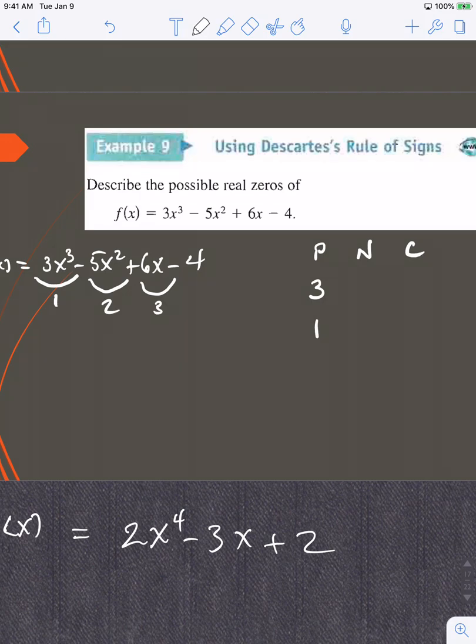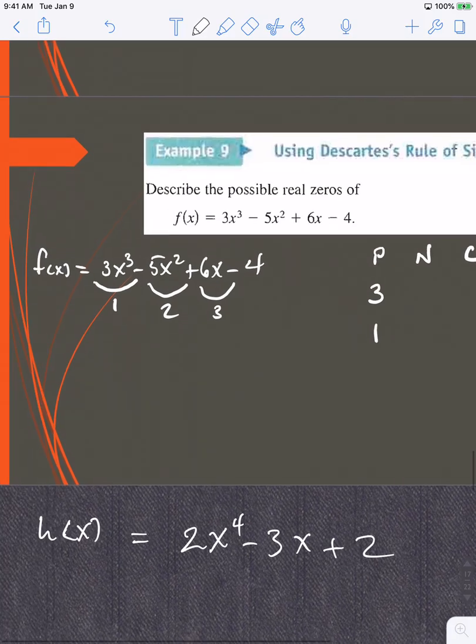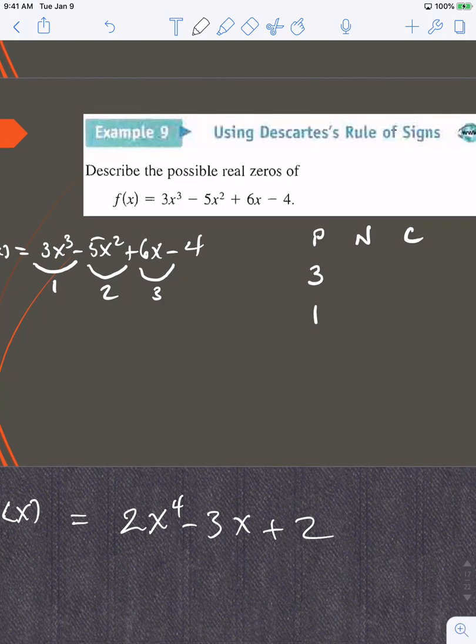If that's the case, and we're a third degree polynomial, then we've pretty much used up all the possibles, and there are not going to be any negatives, and not going to be any complex. Or, in this case here, we might have negatives or complex.